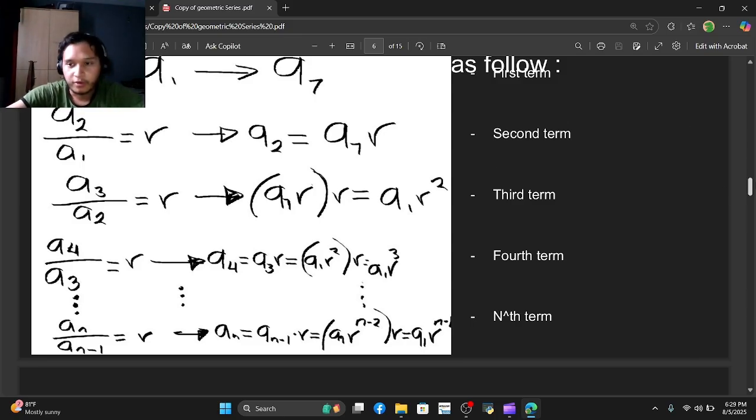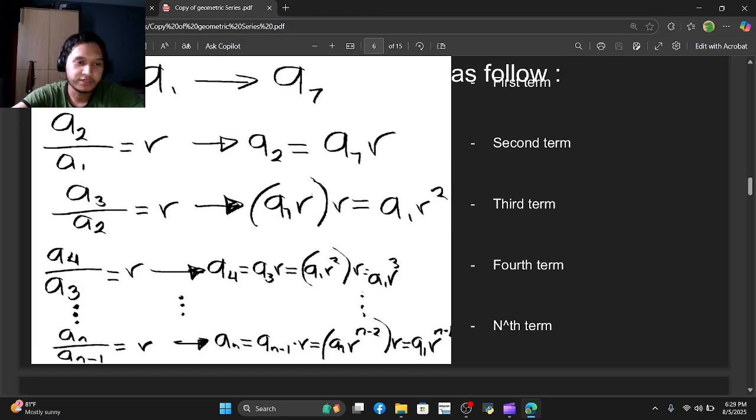So the first term, obviously, is going to be the first term. If we take the second term and we divide it by the first term, we get the ratio. So we can write it in this way. The second term would be equal to the first term times the ratio.